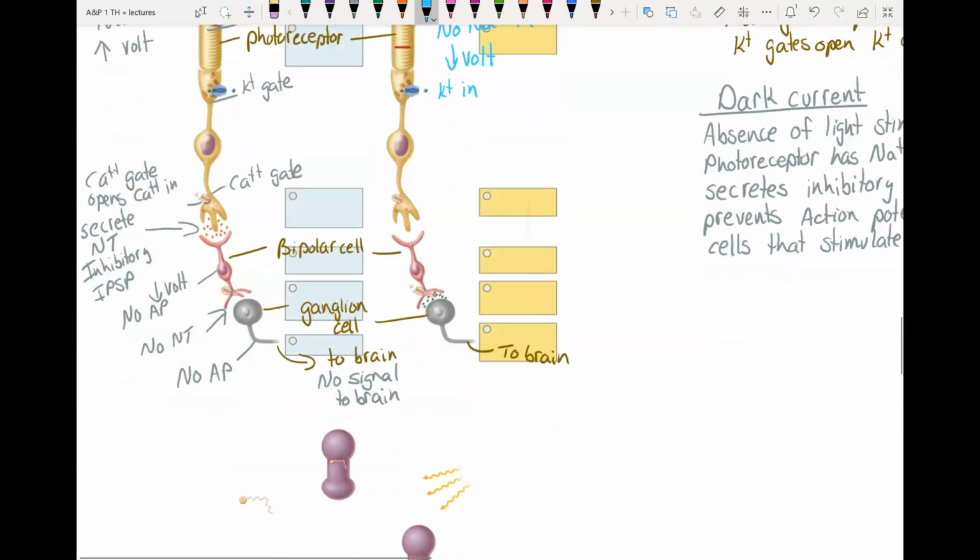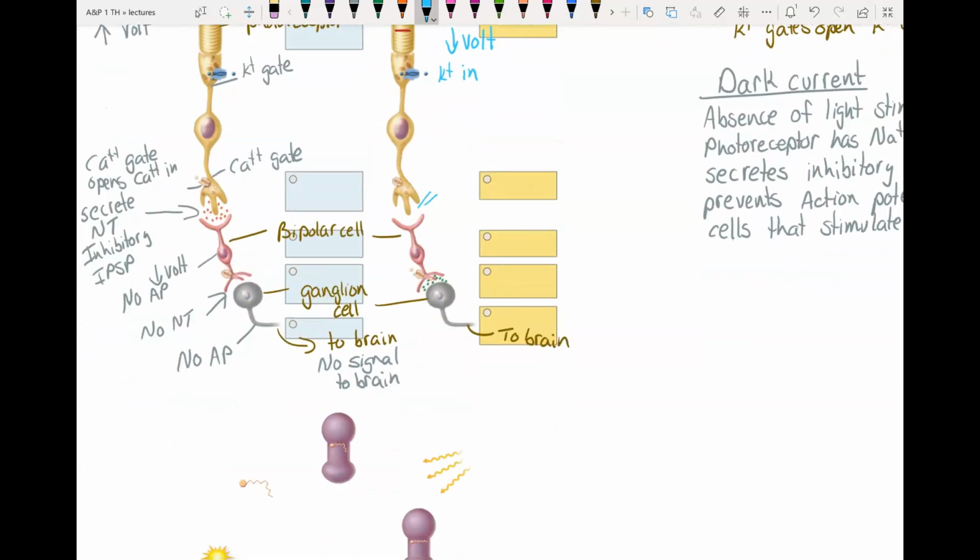Now that the voltage is down, you have no neurotransmitter here. In the absence of that inhibitory neurotransmitter, your bipolar cell has an action potential. It secretes neurotransmitter. Now you have an action potential in the ganglion cell, and you do send a signal to the brain.